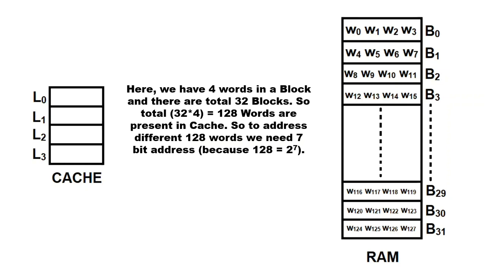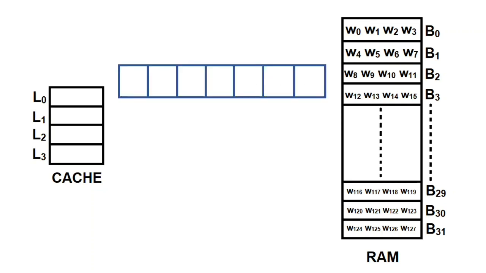So when the processor directly accesses a word from the RAM, there are a total of 128 words, so it needs a 7-bit address to find a word inside RAM. So the total address length is 7 bits.